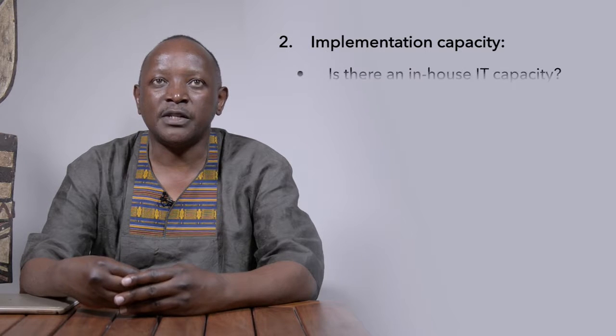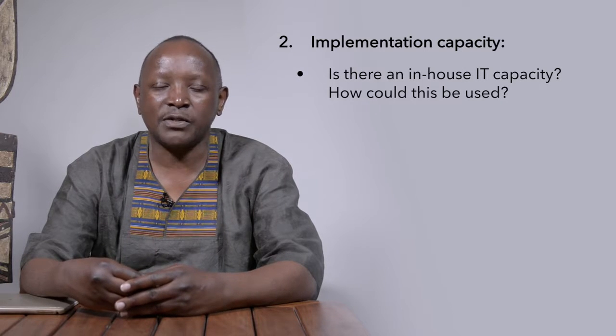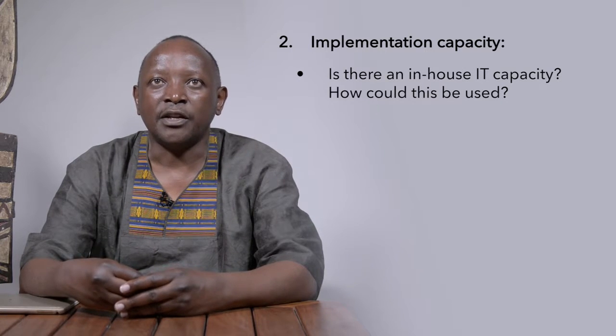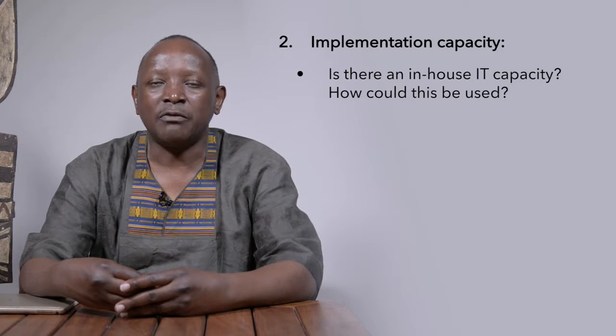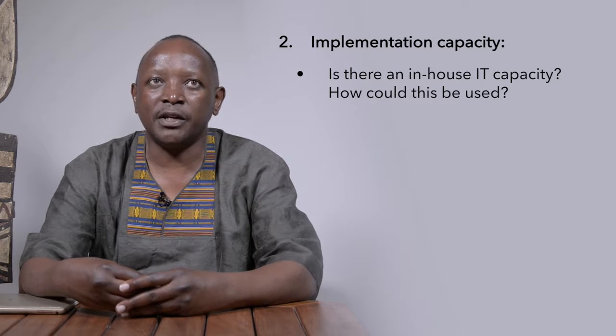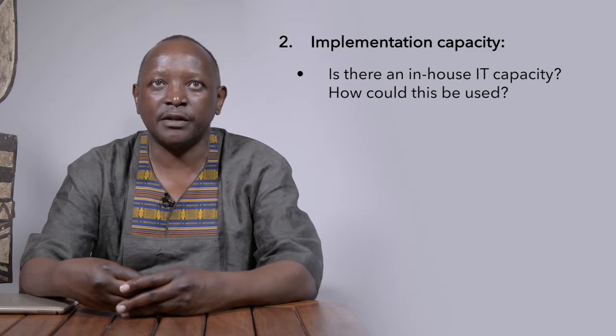We have to establish if there is in-house IT capacity and if this can be leveraged to support the implementation of the program MIS. If the IT capacity is in place, we have to creatively design how this will be used. And if it is not in place, we need to source external providers and establish how they will be managed to deliver the implementation capacity.